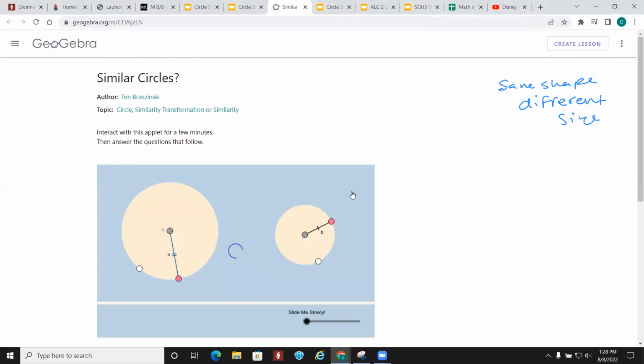I want you to take about 30 seconds to interact with the applet. Play around, figure out what it's doing, and answer those 2 questions on the previous page. It's on E-Class. Go ahead and take a moment.